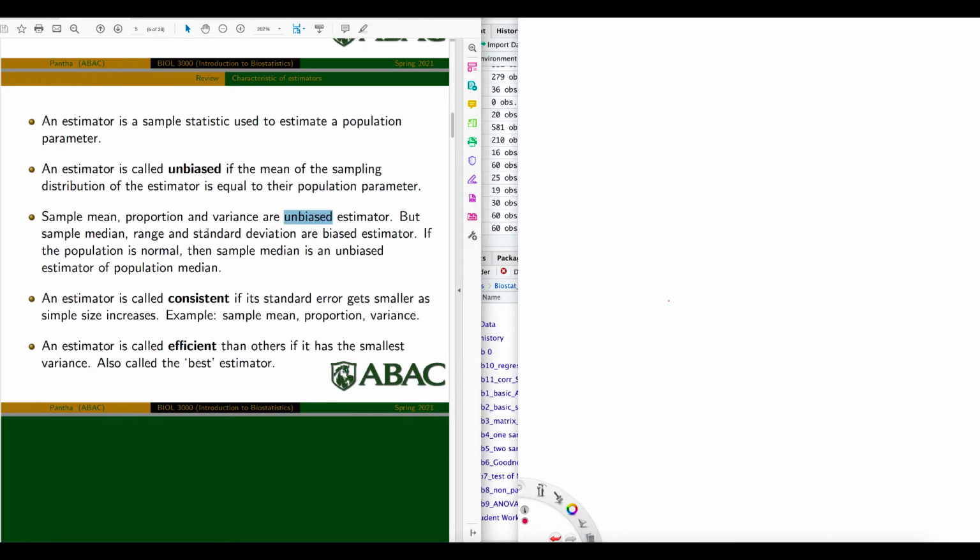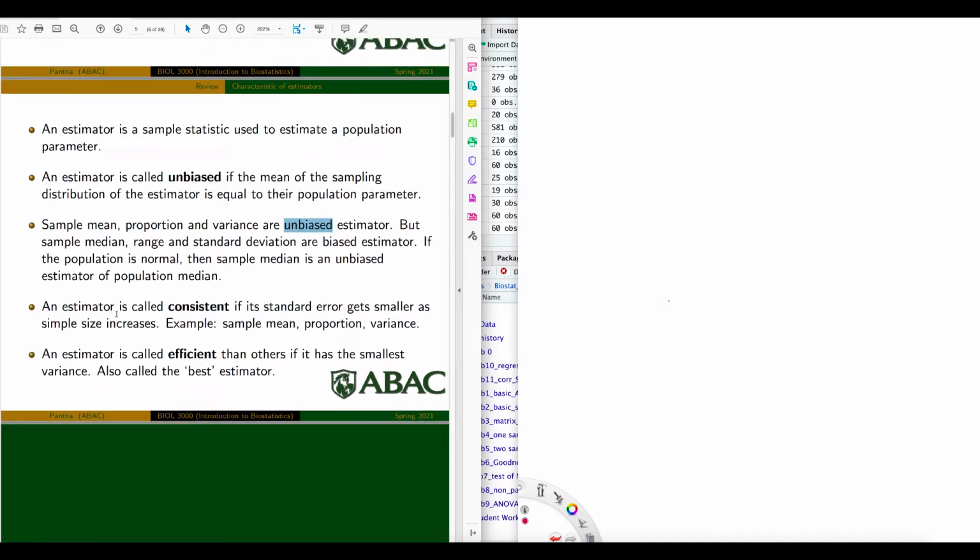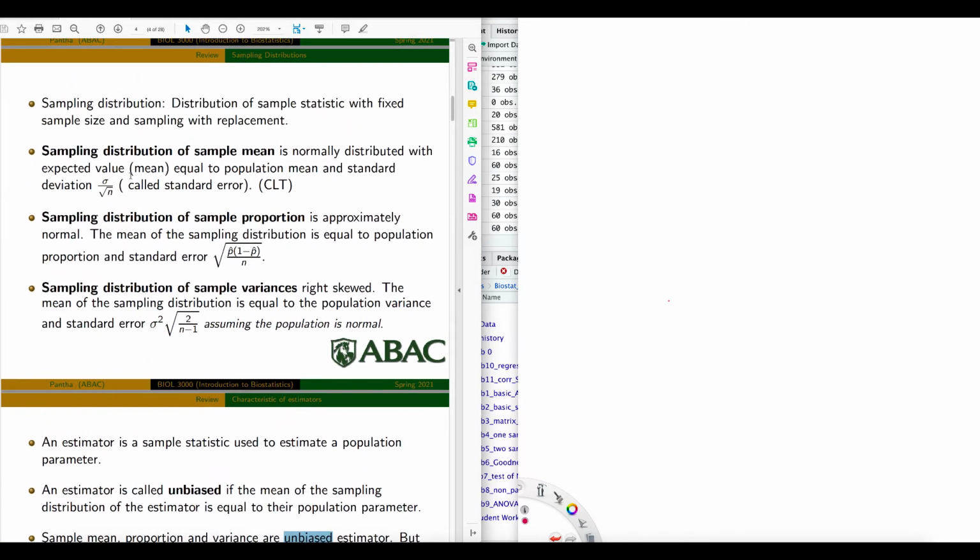Okay. All right. The next characteristic of an estimator: an estimator is called consistent if the standard error gets smaller as sample size increases. Do you remember what the standard error for the mean was? When n gets bigger, the standard error will tend to 0, right? Because when n tends to infinity, this quantity will be very small, tending to 0.